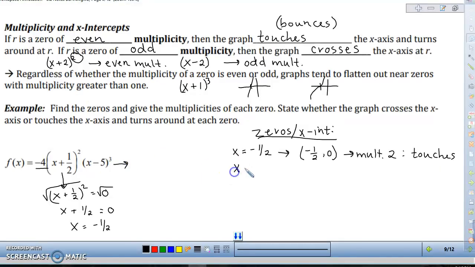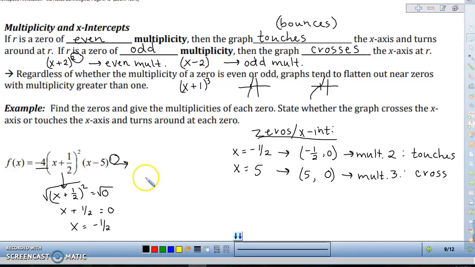We're going to be at x equals 5, which I could write as the ordered pair (5, 0). This one now has a multiplicity of 3, which means it will cross, but it is going to slow down a little and get a little flatter as we approach it.